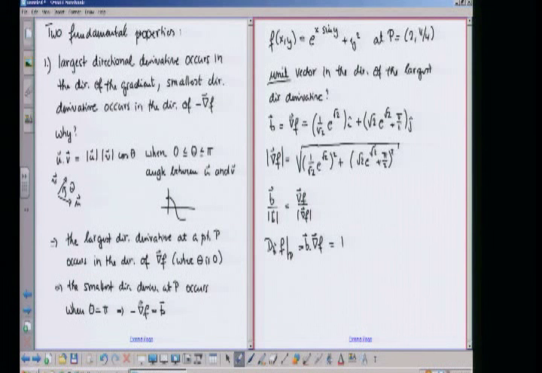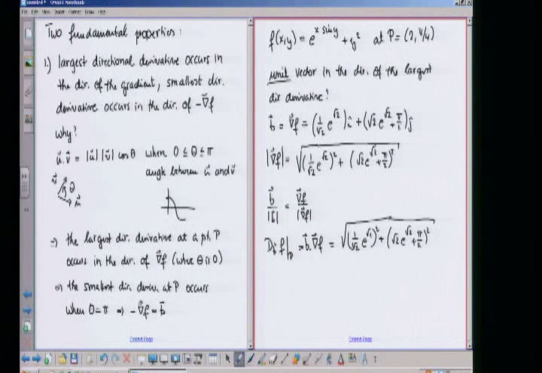So this would just give you the square root of 1 over square root of 2 squared plus square root of 2 e to the square root of 2 plus pi over 2 squared, right? This would be the largest directional derivative, which occurs in the direction of the gradient, okay?